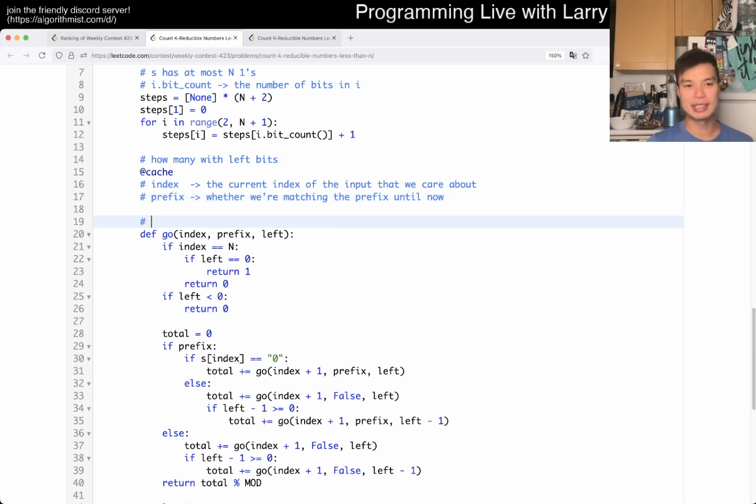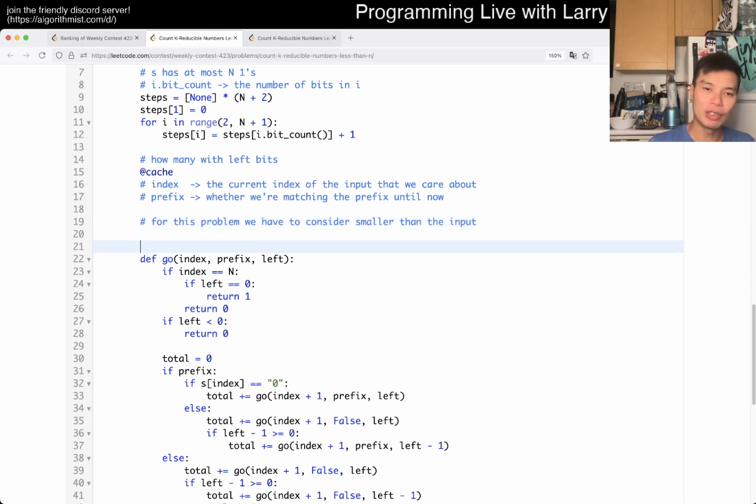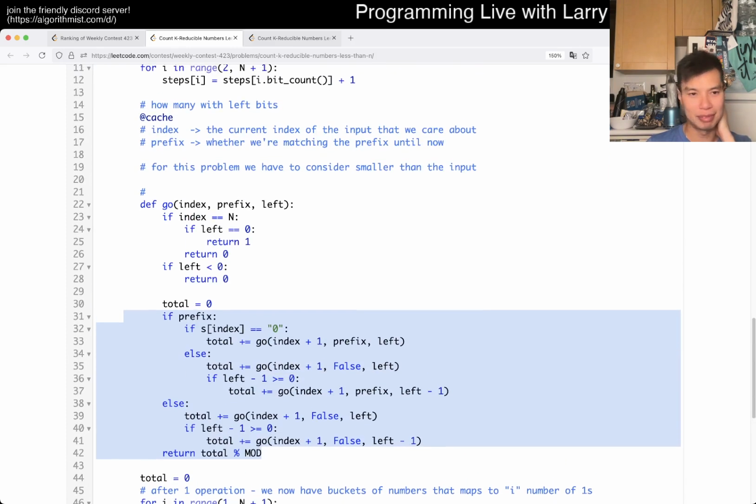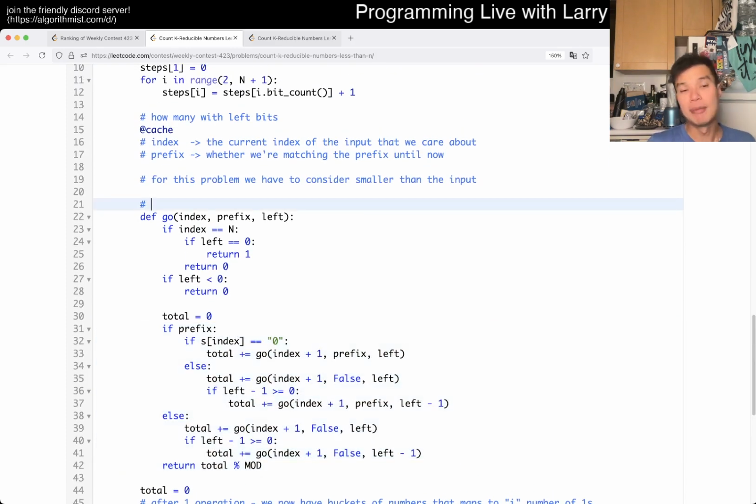But the idea here is that for this problem, we have to consider numbers smaller than the input. The way that I think about it, there are really two cases, and maybe they could be two different functions. Anyway, there are two scenarios.